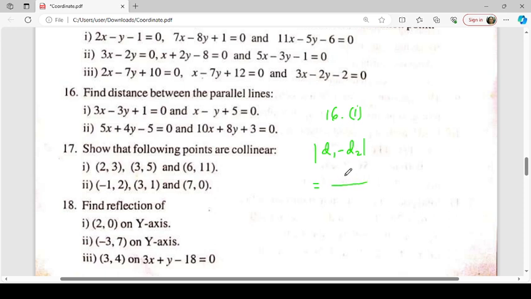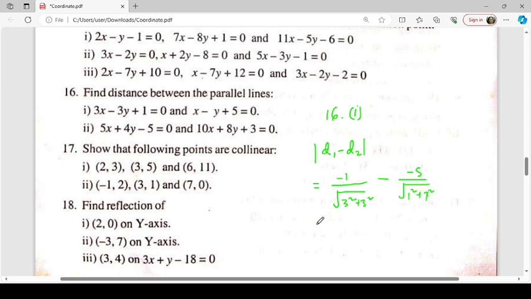d1 from the origin, so 1 by root over 3 square plus 3 square, minus d2, which is minus 1 by root over this, and this is minus 5 by root over 1 square plus 1 square.